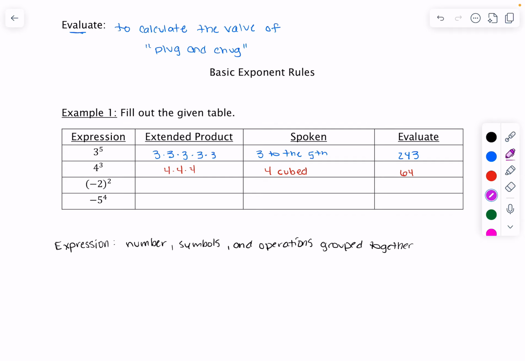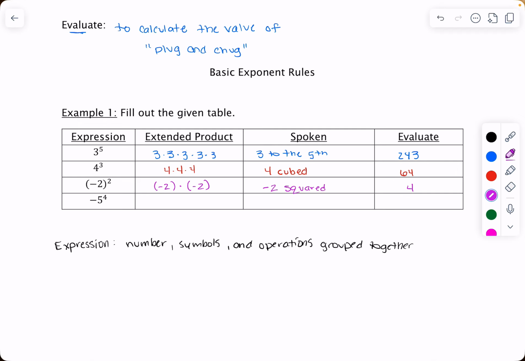This next one is saying parentheses -2 squared. So what that's saying is -2 times -2, both in parentheses. We're still going to say it's -2 squared. When we have an exponent of 2, we call that squared. And what is a negative times a negative? What's -2 times -2? +4.